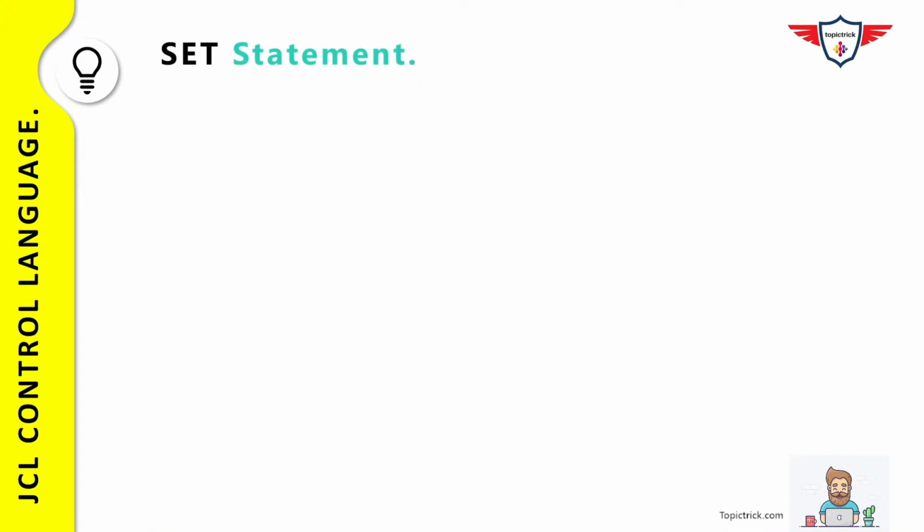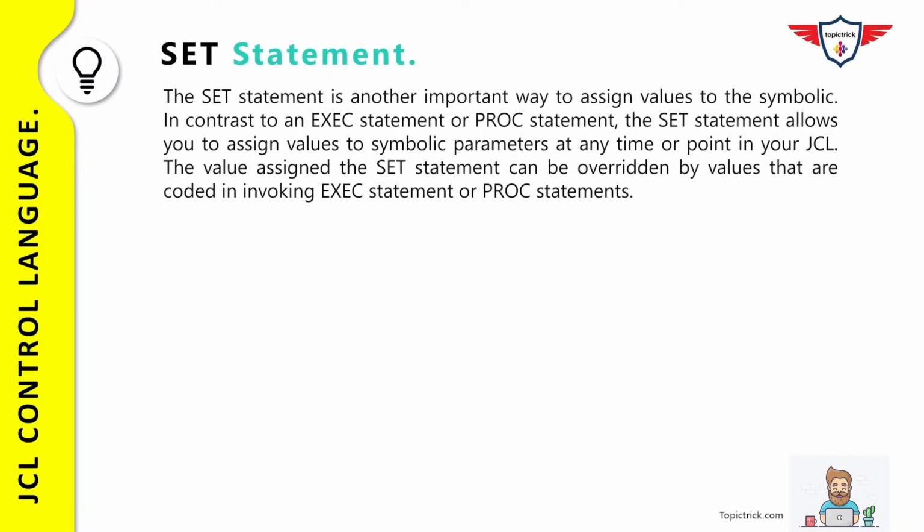And thereafter, we will talk about how you can concatenate these symbolic parameters to create different job control statements in your procedures. The SET statement is another important way to assign values to the symbolic parameter.